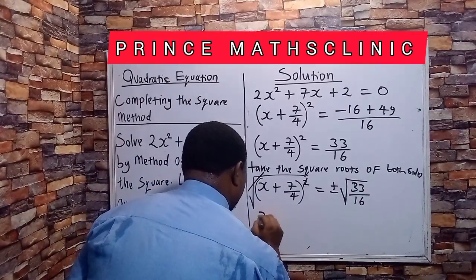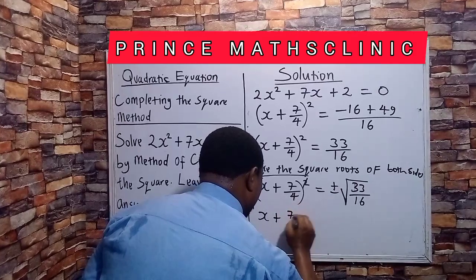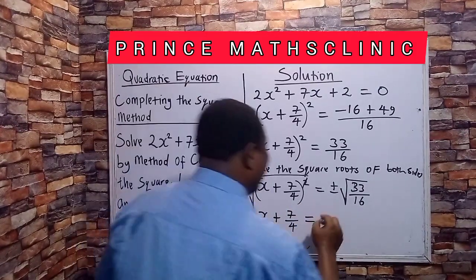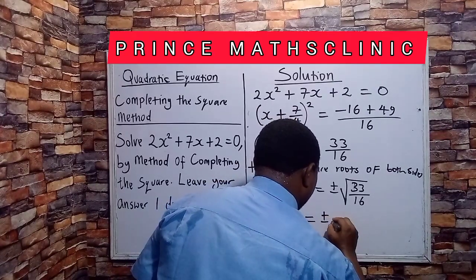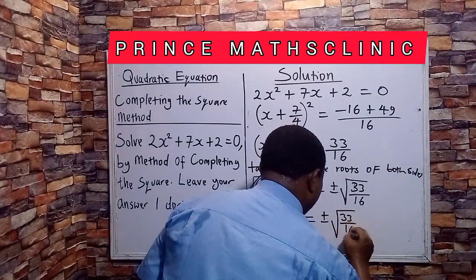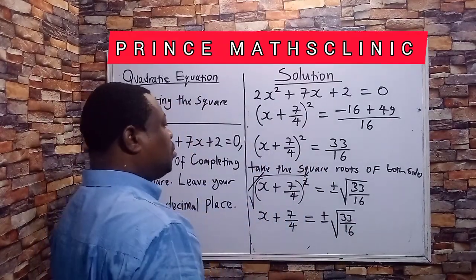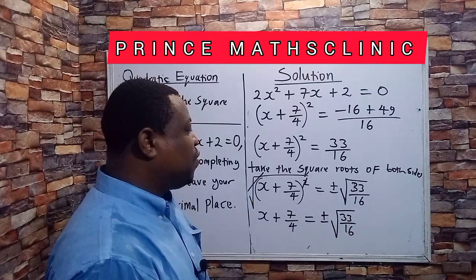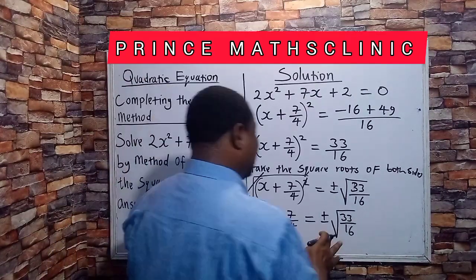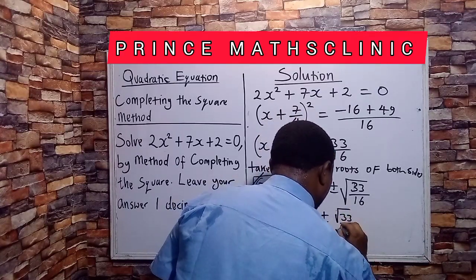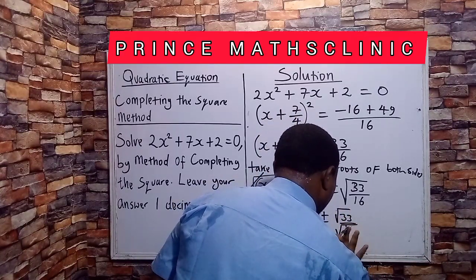So I have x plus 7 over 4 left here. Then here I have positive or negative square root of 33 over 16. And if you are to go by surds, square root of 33 over 16 can still be expressed as square root of 33 over square root of 16.